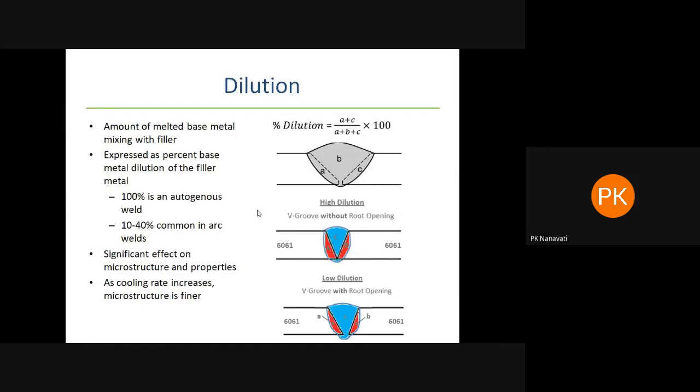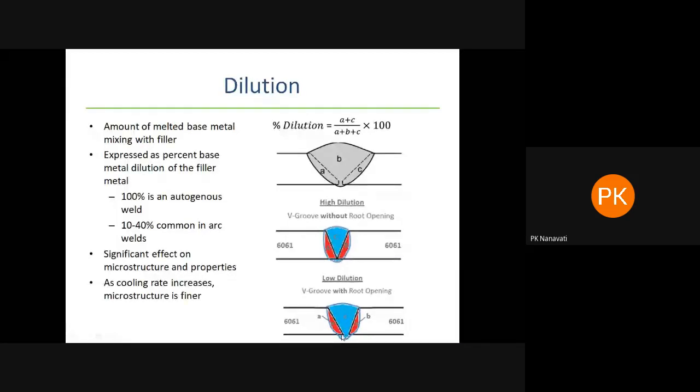Okay, so now dilution is an important aspect, because if you closely look at the two figures, in the second, middle figure, the weld edges are meeting each other, with no root gap. So when they are joined, you have a higher dilution from the base metal.